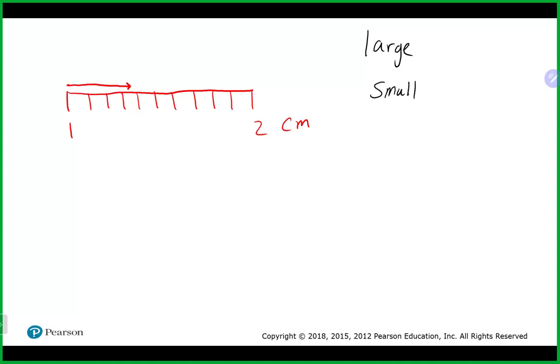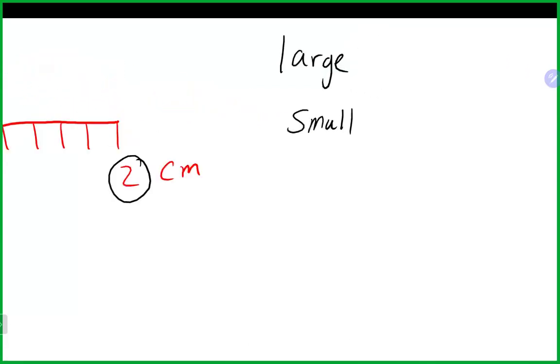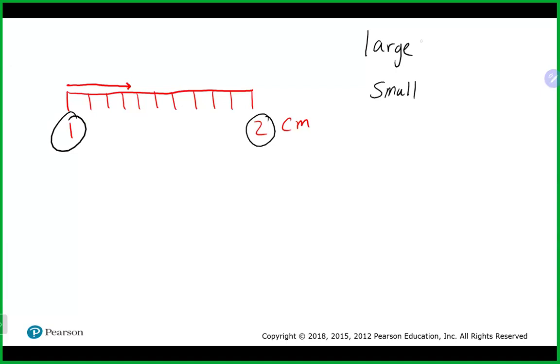On my ruler, my large markings are these two, and if I subtract them, 2 minus 1 is a 1 centimeter difference. So between the large markings is 1 centimeter of distance.